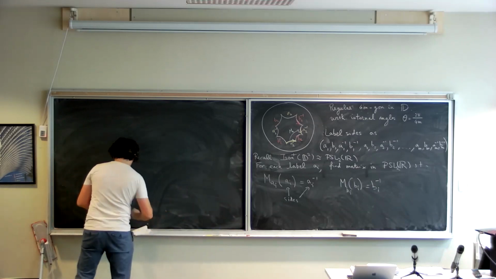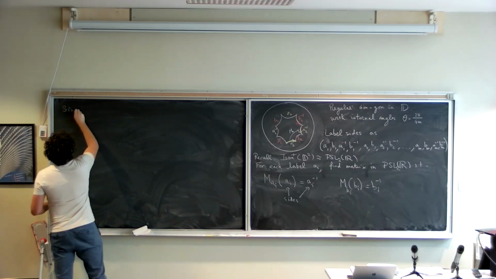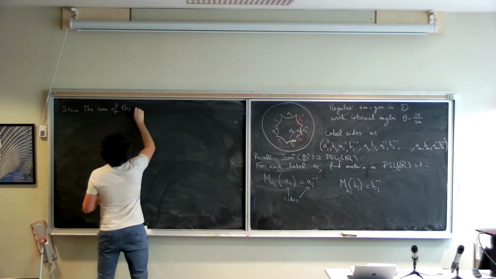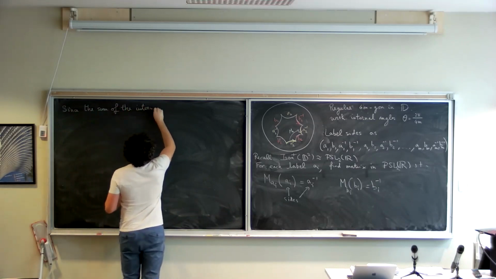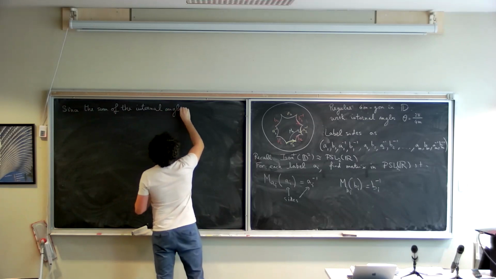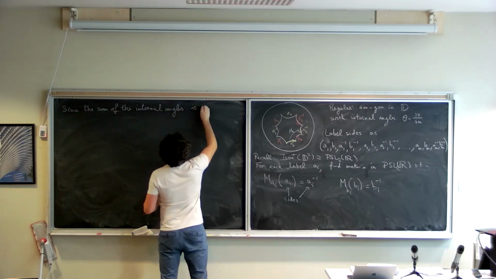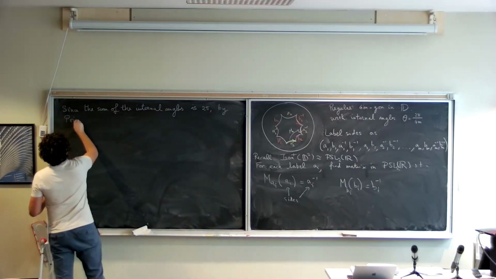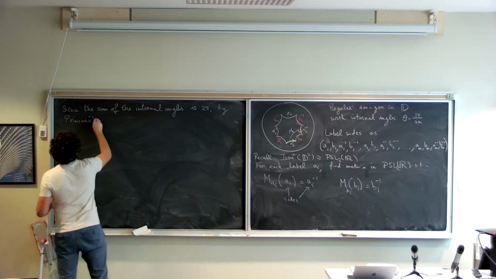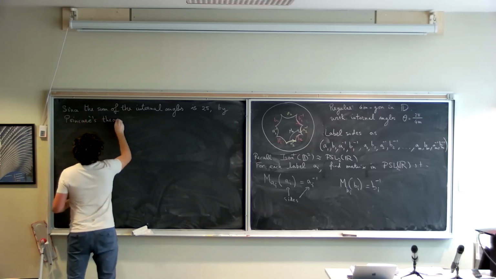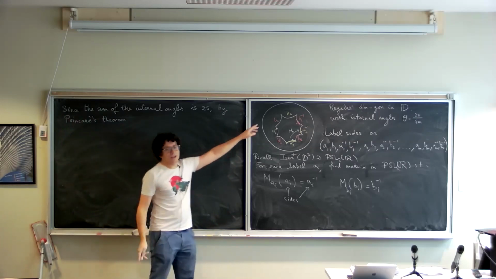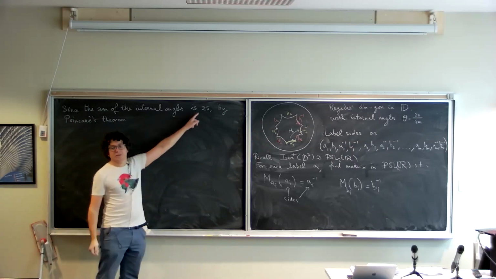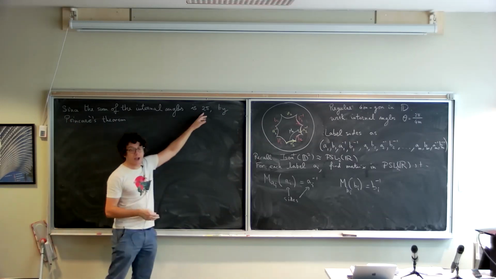Since the sum of the internal angles is 2 pi, by Poincaré's theorem, it's a bit more general, but in particular, it basically says that you have to check these angles, and the sums over different orbits have to be rational multiples of pi. So in particular, if it's 2 pi, that's fine.